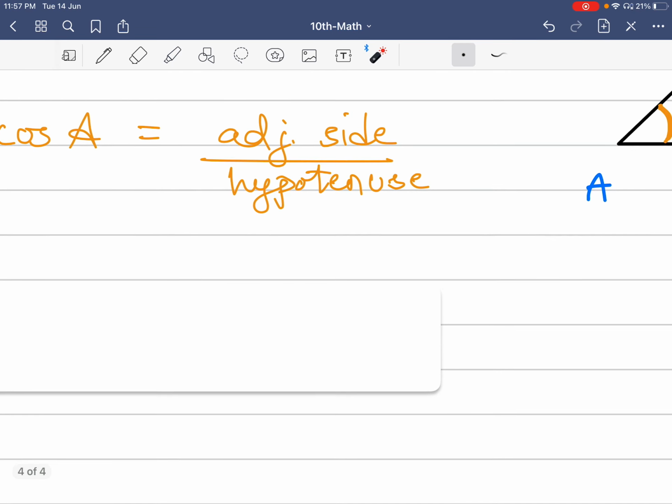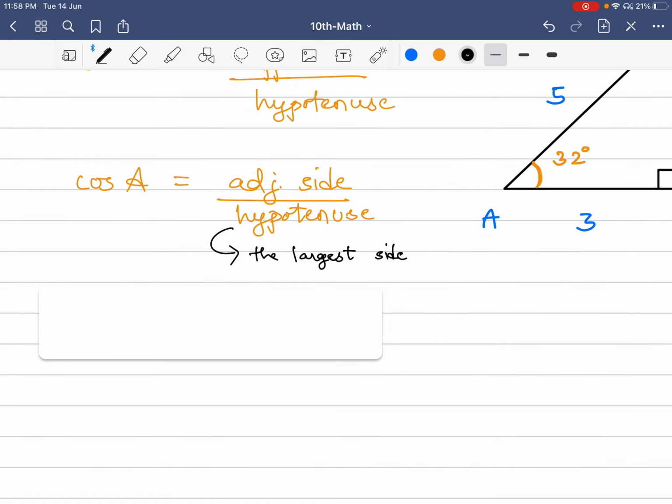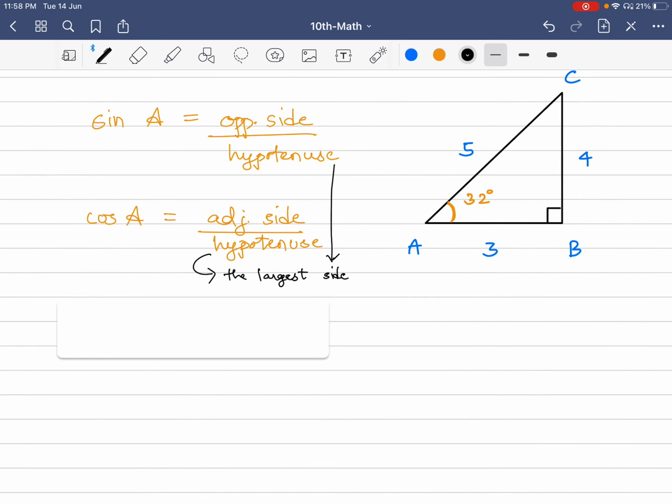Let me zoom in and make this point very emphatic. This hypotenuse is always the largest side in any right angle triangle. The same goes for this as well. So the hypotenuse in any right angle triangle is always the largest side of the triangle.